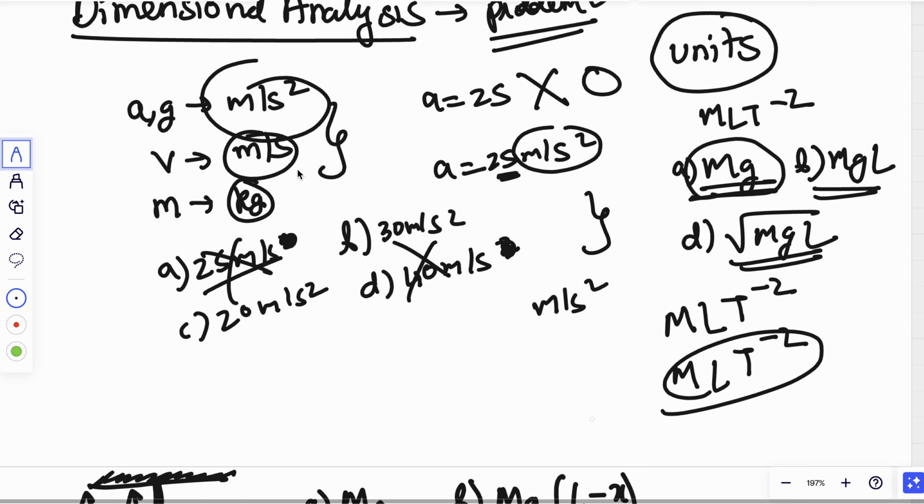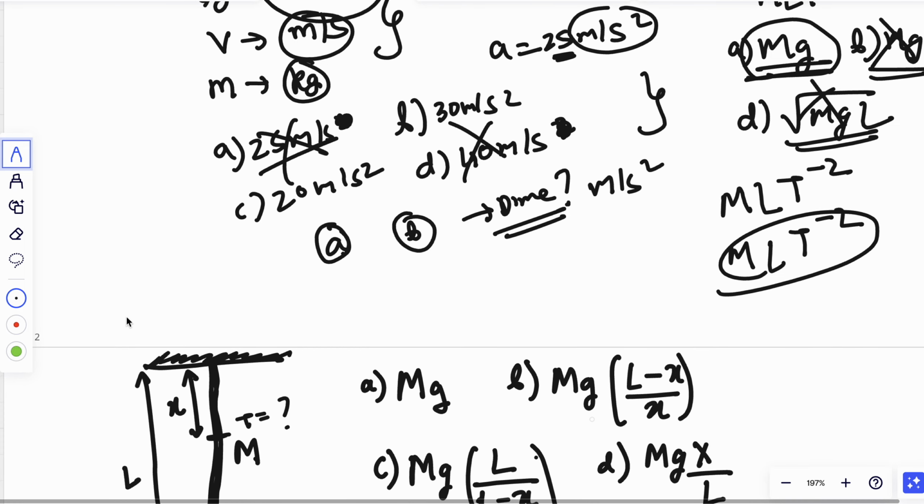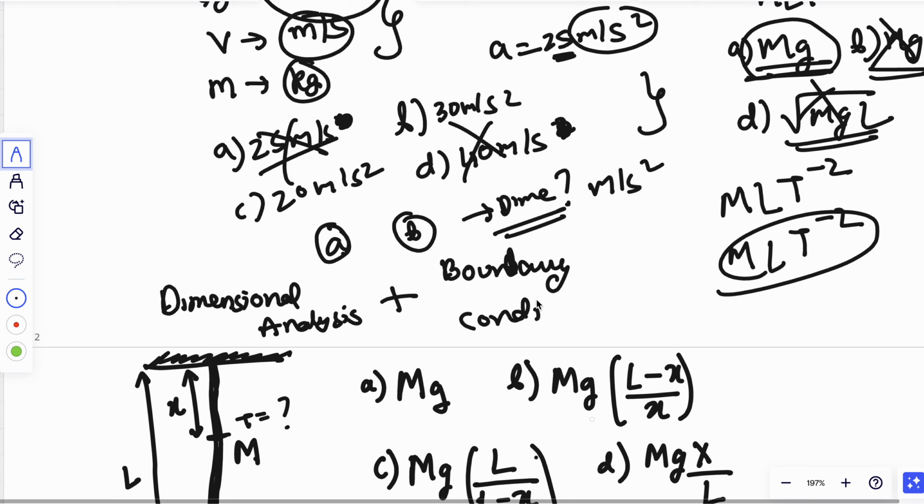Now, using dimensional analysis, you identify that some options are different. But still, there can be two options, option A and option B, which both satisfy the dimensions. Then what to do? Generally, dimensional analysis plus boundary condition, you can solve any variable-based question in physics.